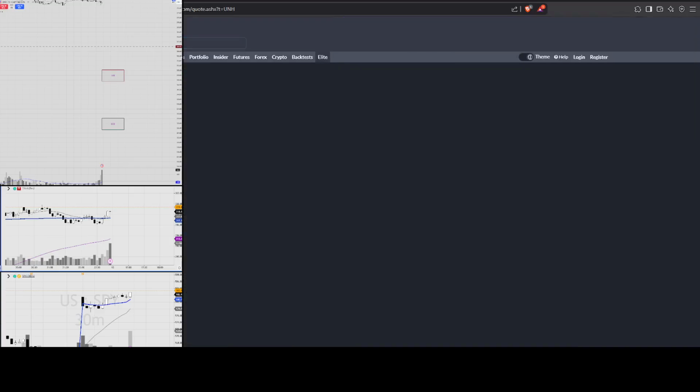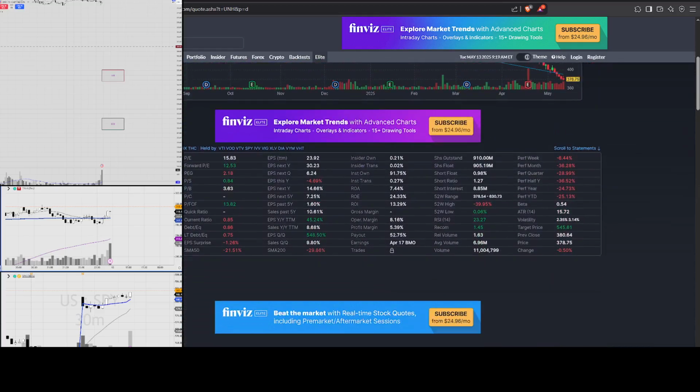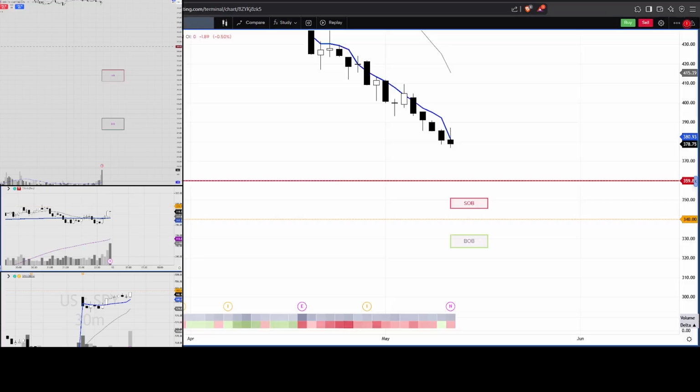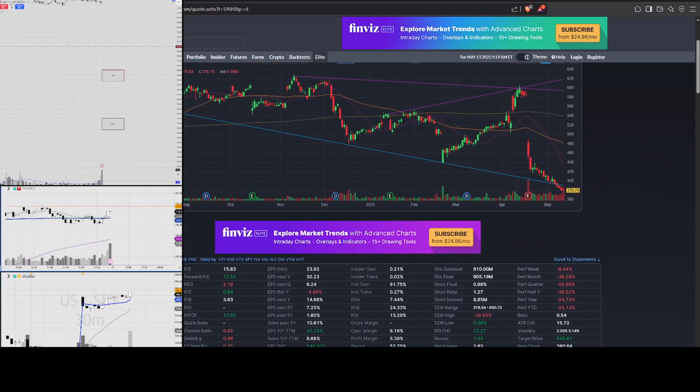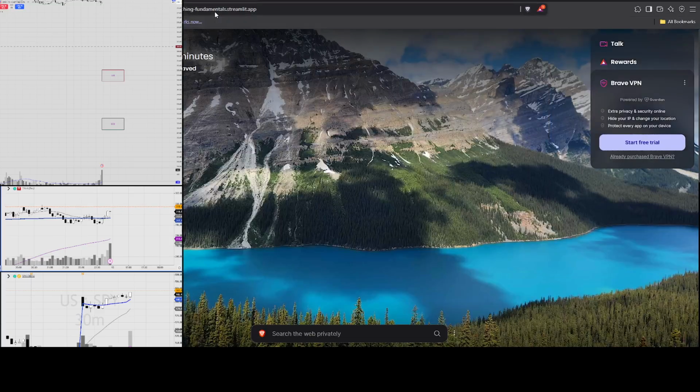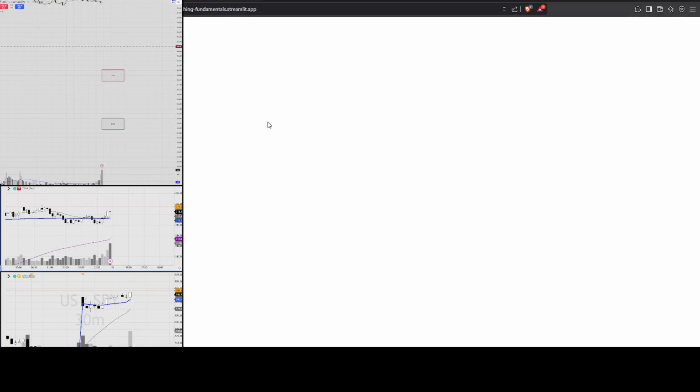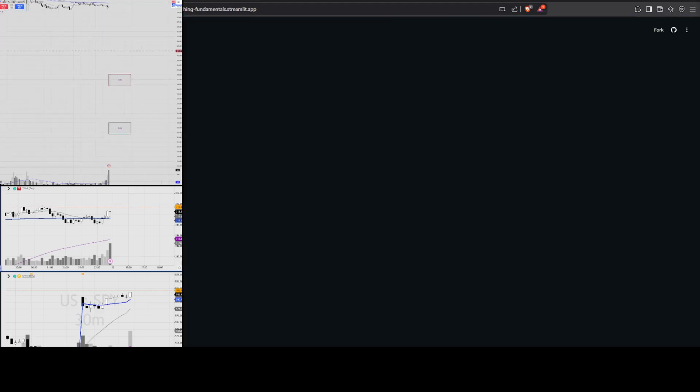The short interest on UNH, because it's been falling a lot, might be really high. Okay, not a lot of short interest. Interesting. So there might be some hope for this company, because otherwise people would have been shorting the stock like crazy. It might not be fundamentally weak. Researching. I made this application, by the way. Researching fundamentals. Stock opens here.